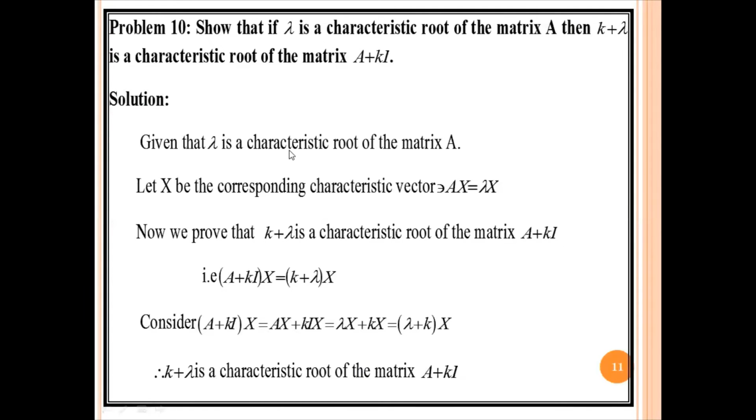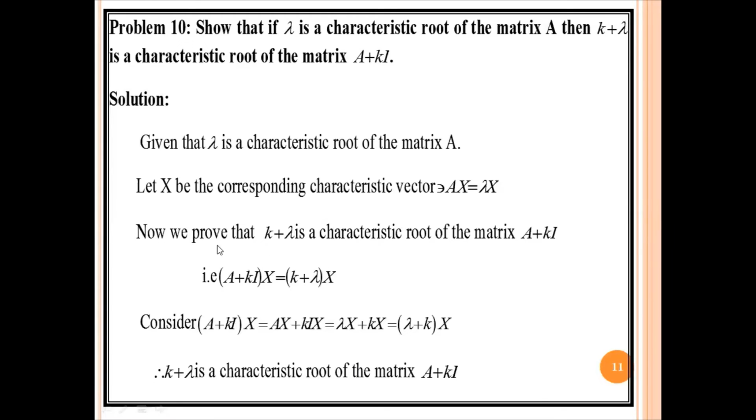Now, given that lambda is a characteristic root of the matrix A, let X be the corresponding characteristic vector such that Ax is equal to lambda X, right? Whenever we take a characteristic root, immediately we can construct the characteristic vector satisfying the equation Ax is equal to lambda X. This is always true.